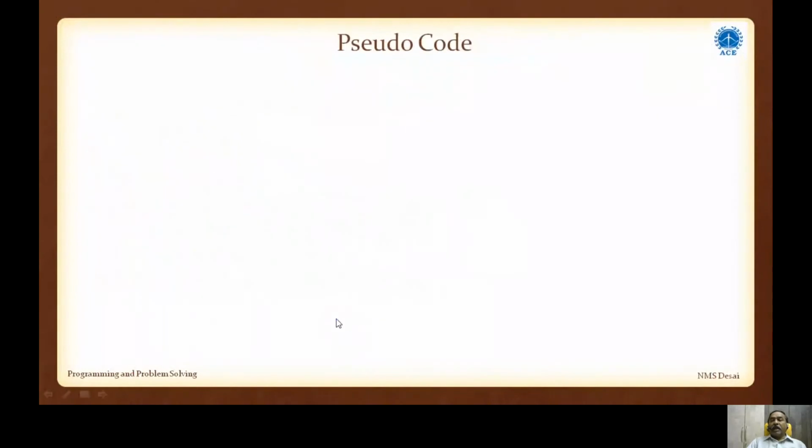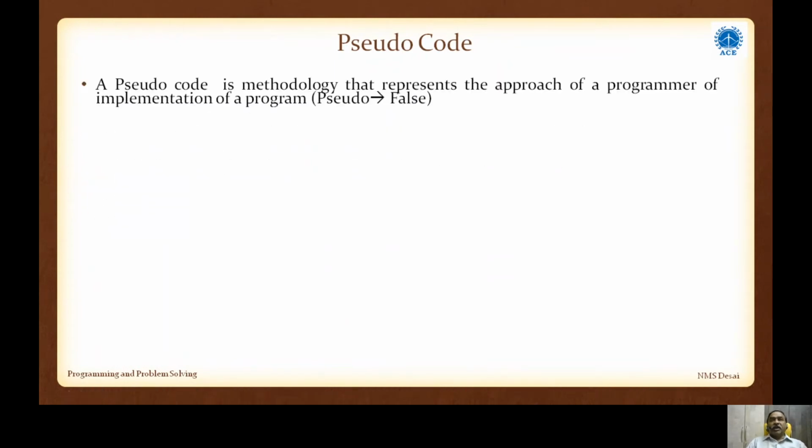Now we'll go to the next topic, pseudocode, the third part of it. In fact, the starting point for any solution for any program is pseudocode only. What is a pseudocode? A pseudocode is a methodology that represents the approach of a programmer for implementation of a program.